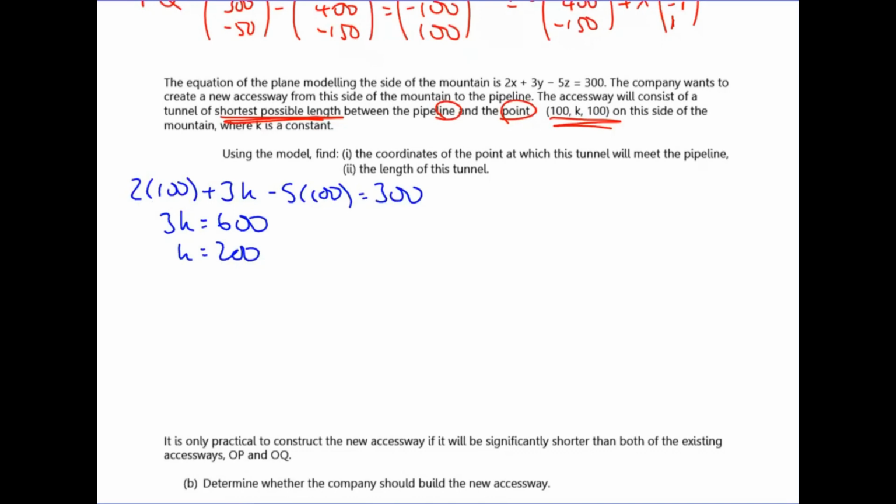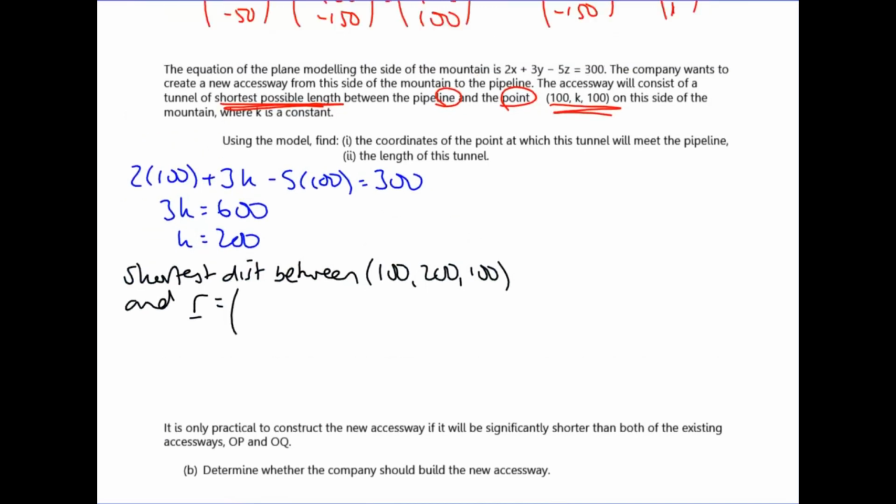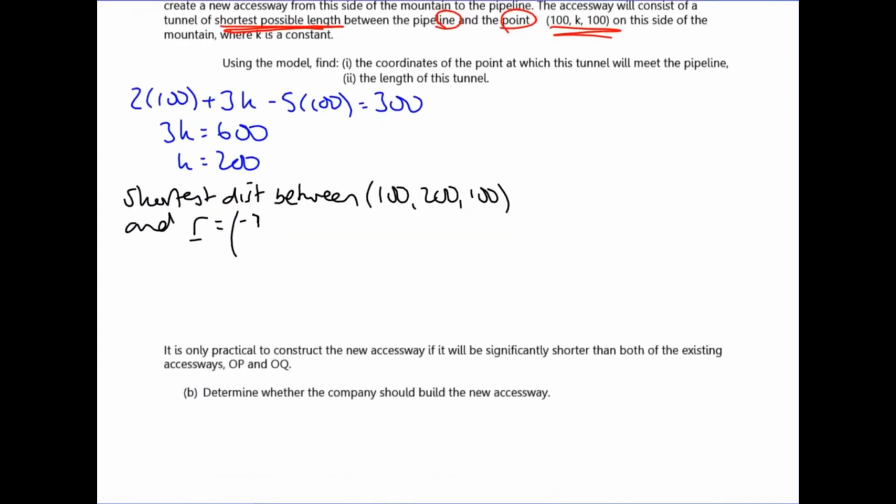K is 200. That's from the equation of the plane. Okay. We're then doing the shortest distance between the point 100, 200, 100, and the line r equals minus 300, 400, minus 150, plus lambda 6, minus 1, 1. Okay.